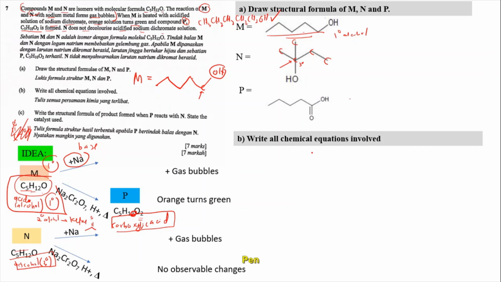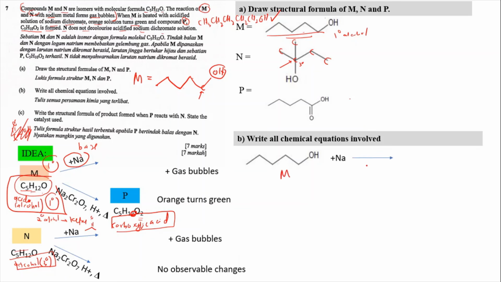Now for question B, we have to write all the chemical equations involved. So for M, we know that we have decided on this structure here, so we need to be consistent. So our M here is going to look something like this, and then it's going to react with Na. For this one, please label it as M. M reacts with Na.